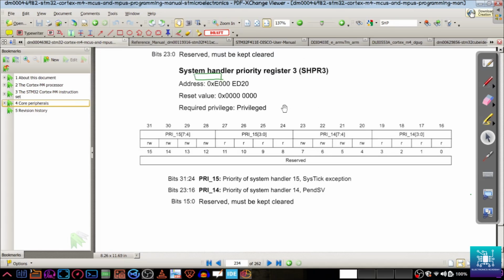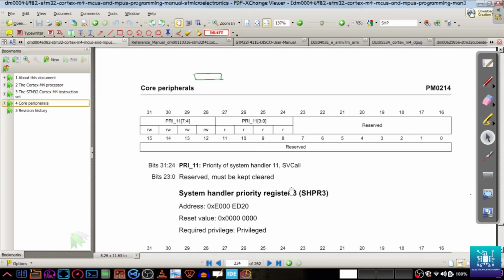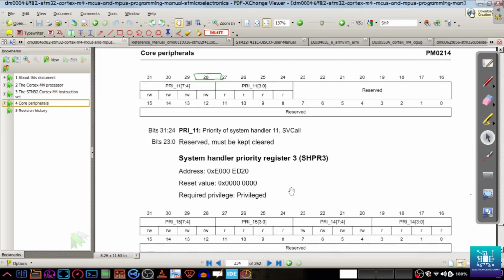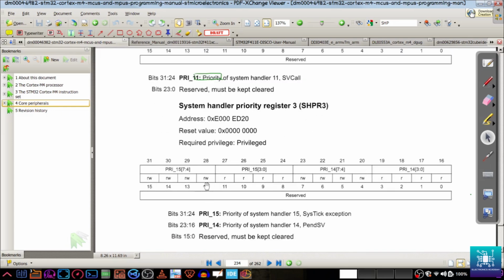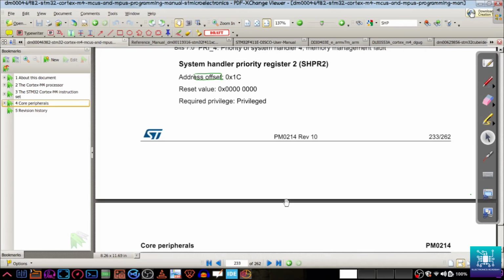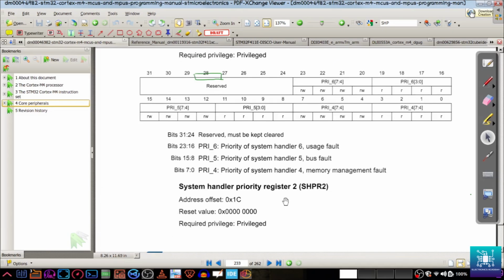Here again in the system handler priority register 3, we have the first 2 positions reserved, and this one is the priority 15. So you can see this is 11, and then it jumps to 14, and then it goes to 15. But this one is the 12th position. 3 registers, each comprising of 4 bytes.